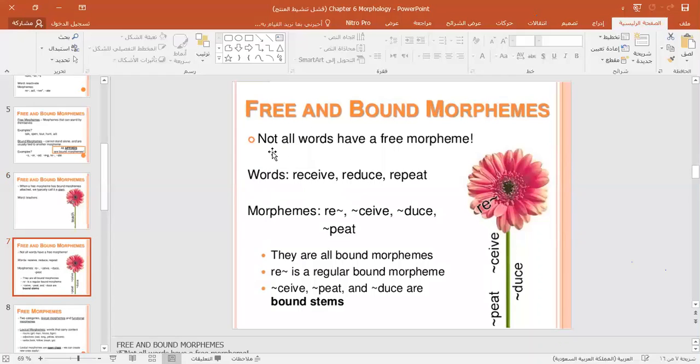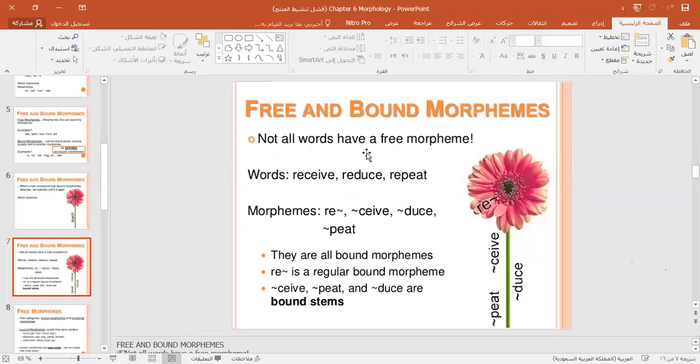Free and bound morphemes, see here, not all words have free morphemes. If you look at the words receive, reduce, and repeat, how many morphemes does the word receive contain? Two morphemes. What are they?